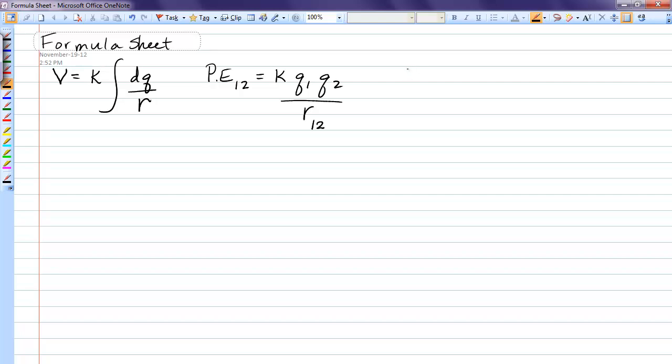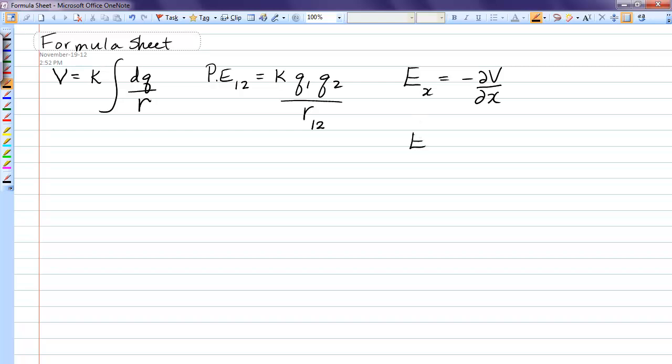The next equation from chapter 25 you need to know how to use is calculating the electric field given the voltage. So voltage and electric field are related in a similar way that velocity and acceleration are. However, there's a difference here in that voltage is a scalar, electric field is a vector.